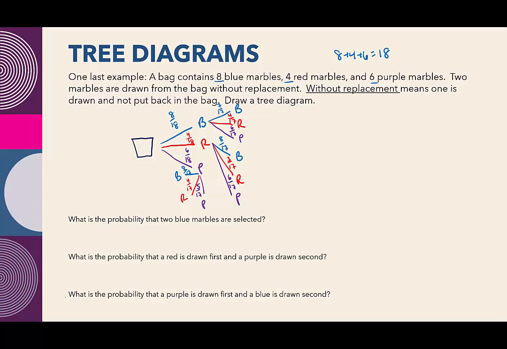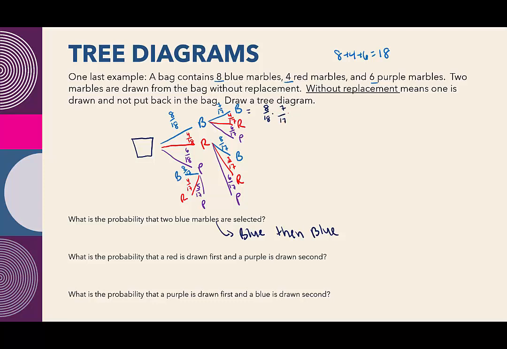Okay. What is the probability that 2 blue marbles are selected? So what this means is blue, then blue. How do we figure this out? Well, we start at the bag, and we go up blue, then blue, and we multiply the probabilities because these probabilities mean given blue happened first. So blue, then blue would be 8 over 18 times 7 over 17.